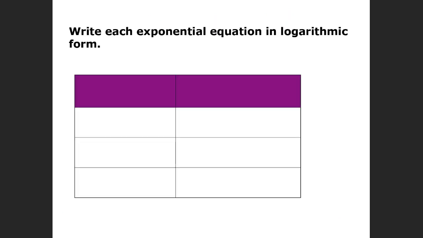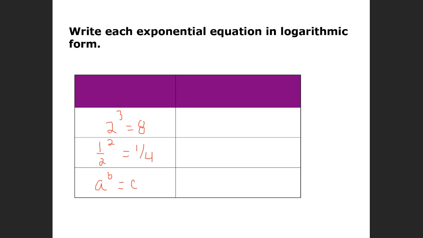So here it says write each exponential equation in logarithmic form. Obviously I don't have any there, so I'll have to put them in. Let's go 2 to the third is equal to 8. That's my exponent. How about 1/2 to the second is equal to 1/4, and a to the b is equal to c.